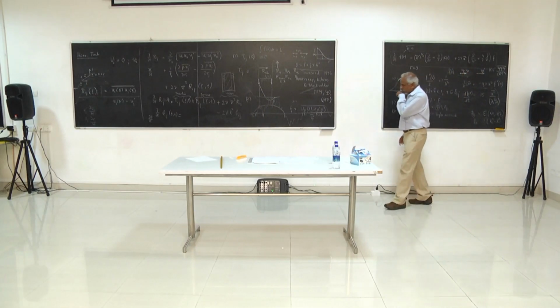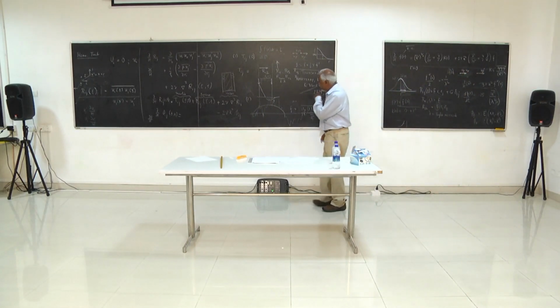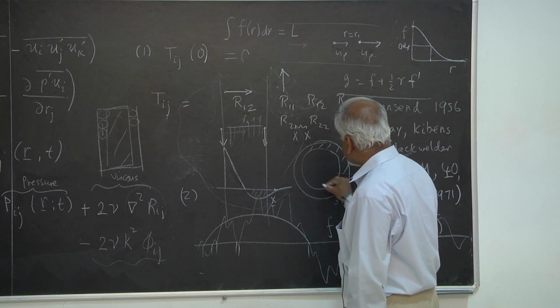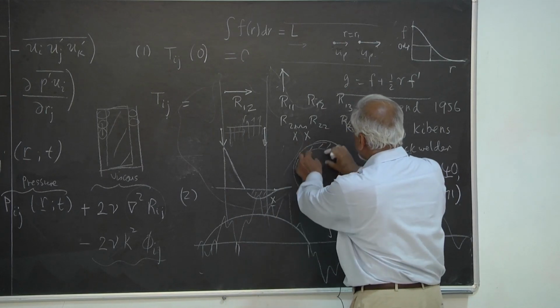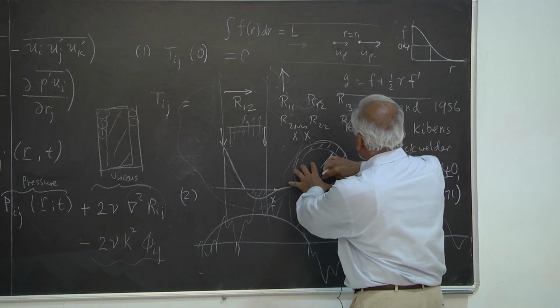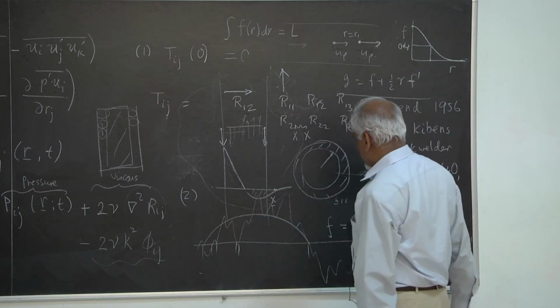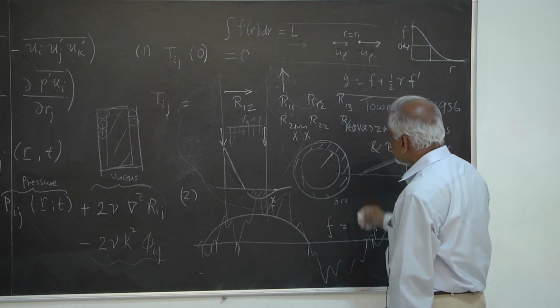So what it means is, if I know how much energy is contained in the spherical shell as a function of this k, see, I go to higher and higher k, the spherical shell also becomes bigger and bigger.